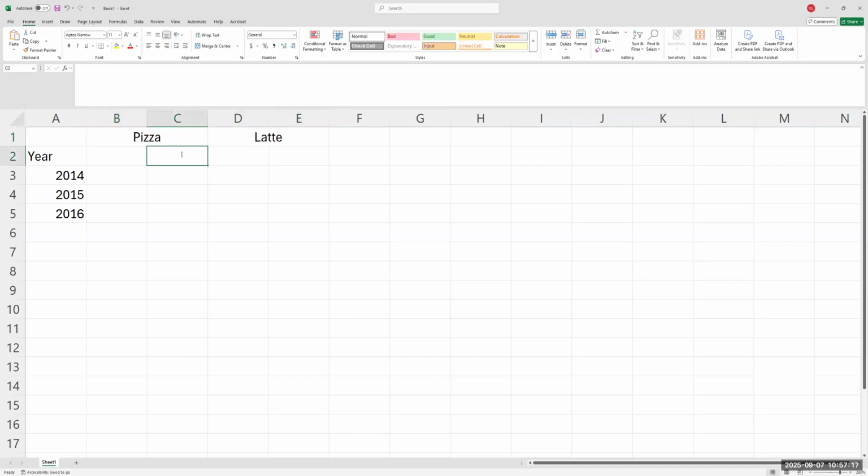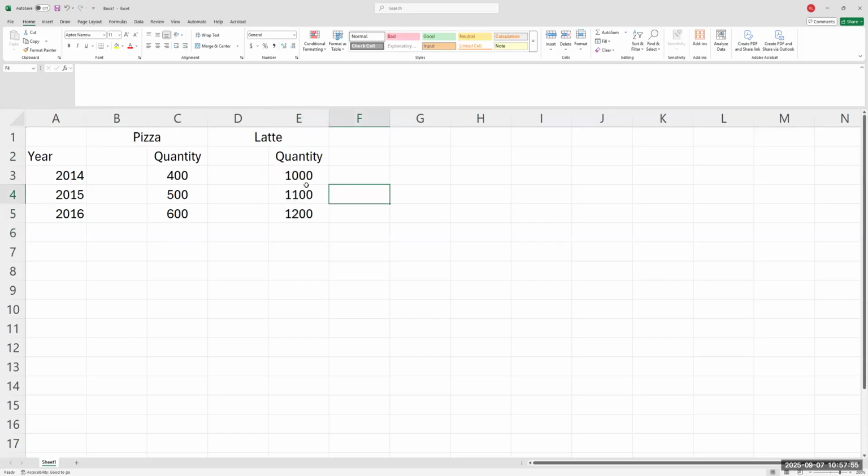For pizza, we manufacture 400 in 2014, 500 in 2015, and 600 in 2016. For latte, it's 1,000, 1,100, and 1,200.